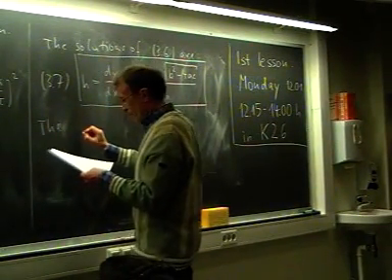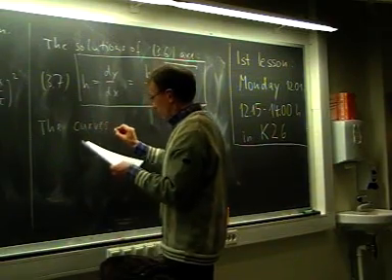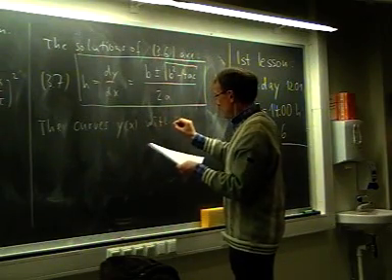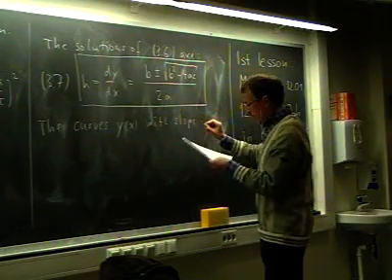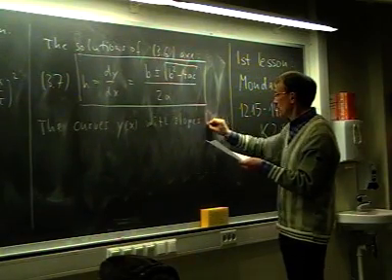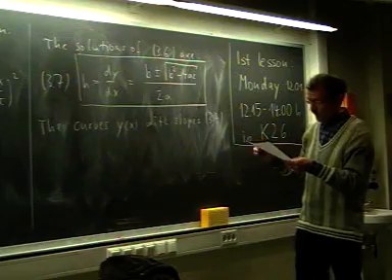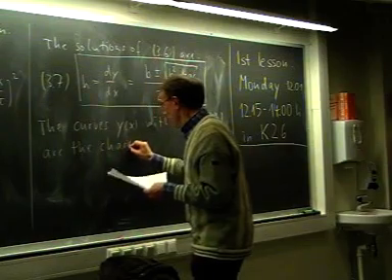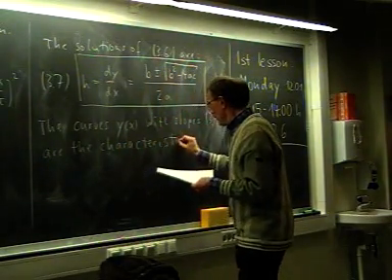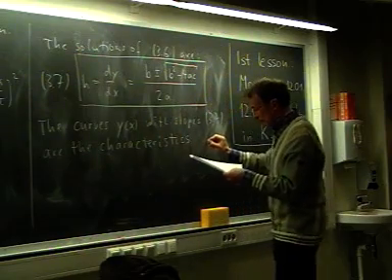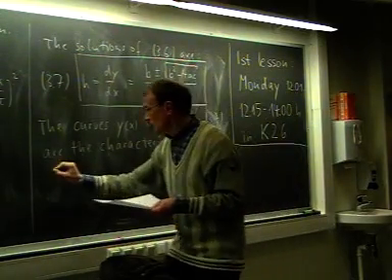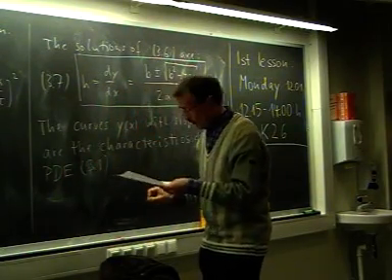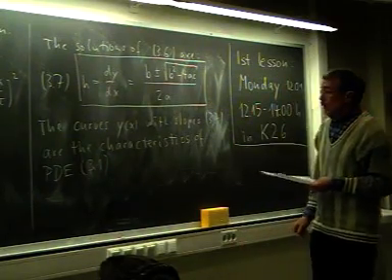And now we can define the characteristics. The curves y of x with slopes 3.7, like this, they are the characteristics of the second order PDE that we started with, 3.1.